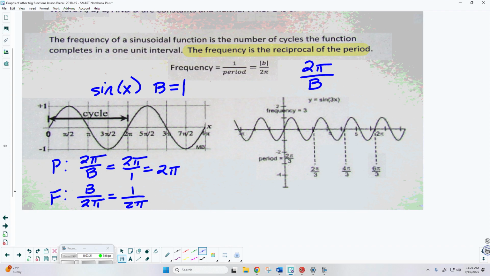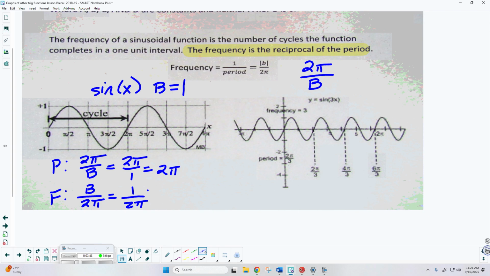And I want to point this out because I see this every year when we first talk about this. You want to make sure to have pi in the denominator. If I were to write 1 over 2 pi as 1/2 pi, that is something completely different. So please make sure you have pi down in the denominator. But here's what it means. The numerator is the number of cycles.